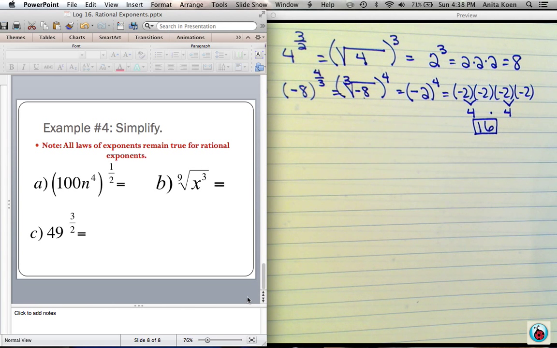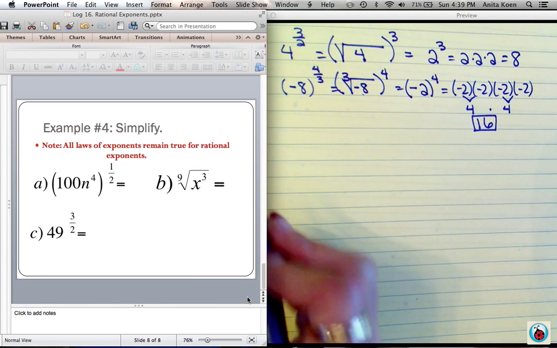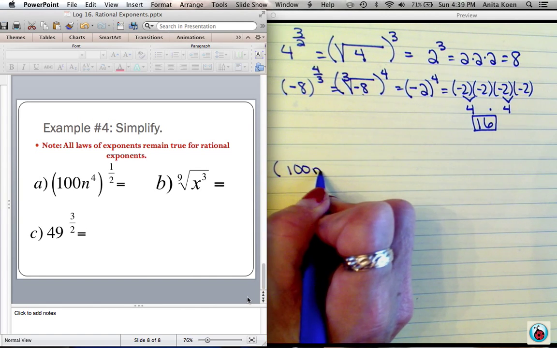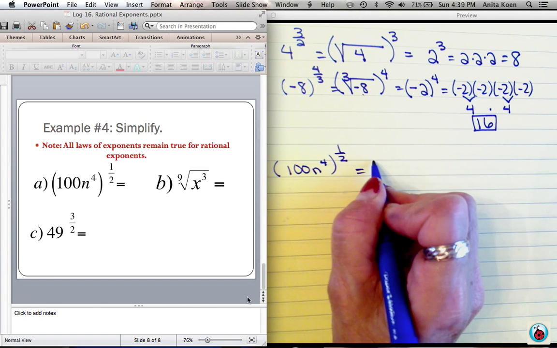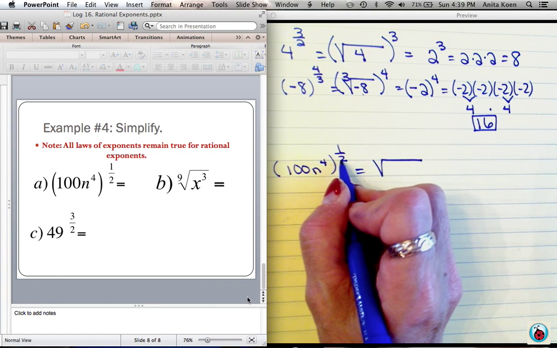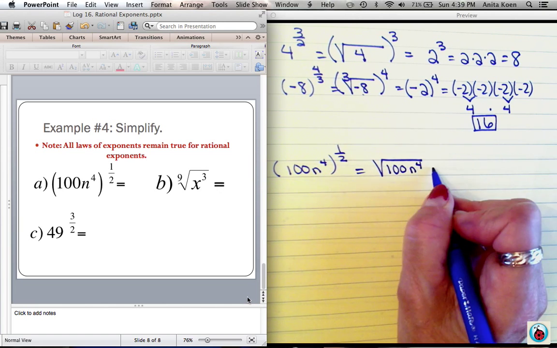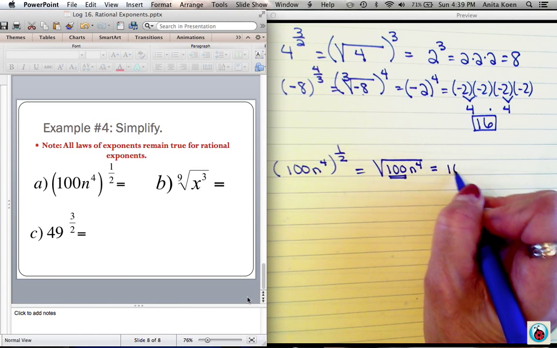Now, all of your laws of exponents remain true for rational exponents. So let's look at a couple of other things that we can simplify. Letter A, 100 n to the fourth raised to the 1/2 power. Well, I know that that means the square root of 100 n to the fourth. And if I've been studying my perfect squares, I know that the square root of 100 is 10.